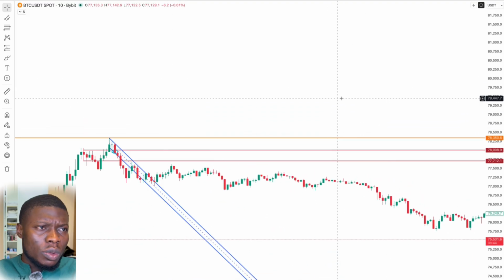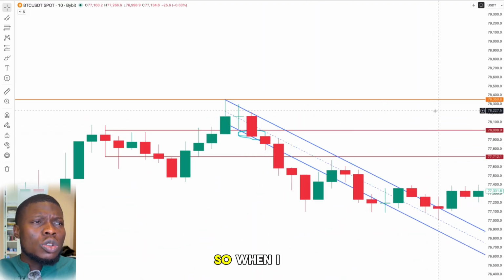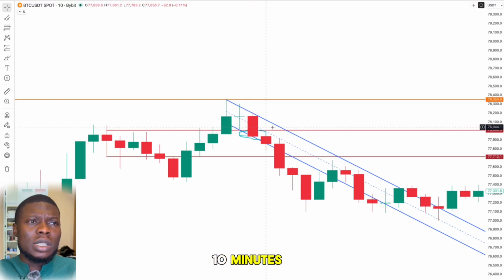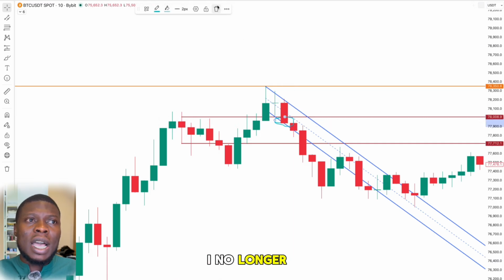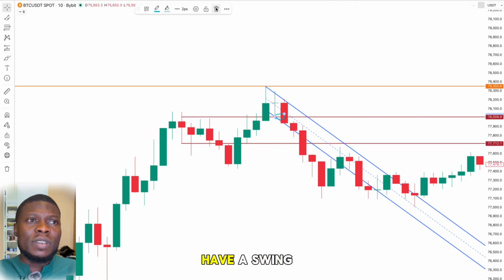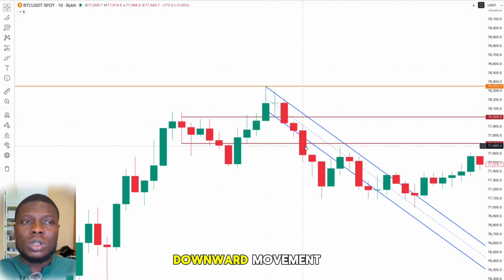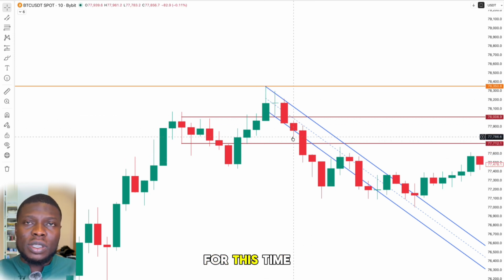When I got to my 10 minutes, this swing I'm going to use here vanished. I no longer have a swing at this zone. It just looks like a straight downward movement. So I cannot use 10 minutes for this time frame.